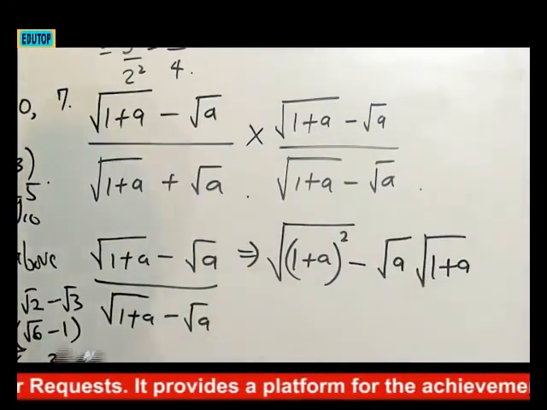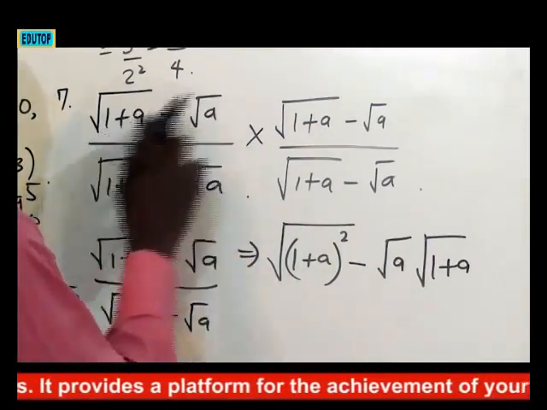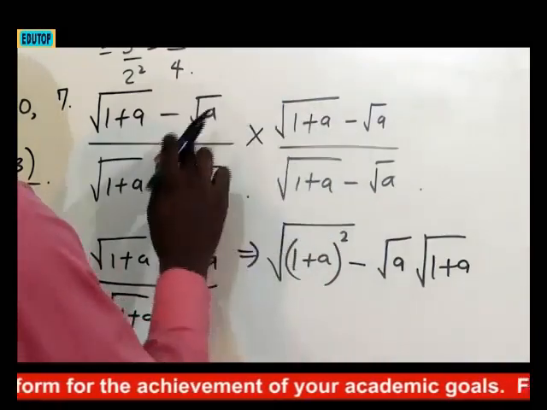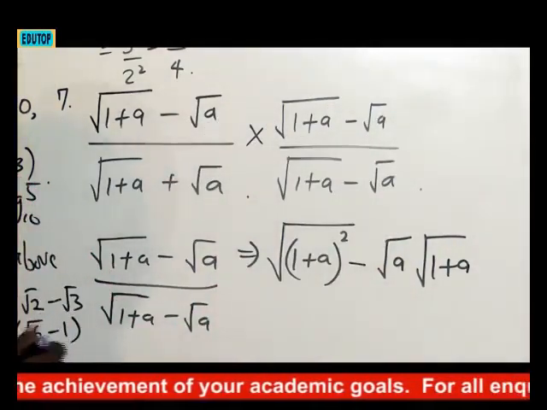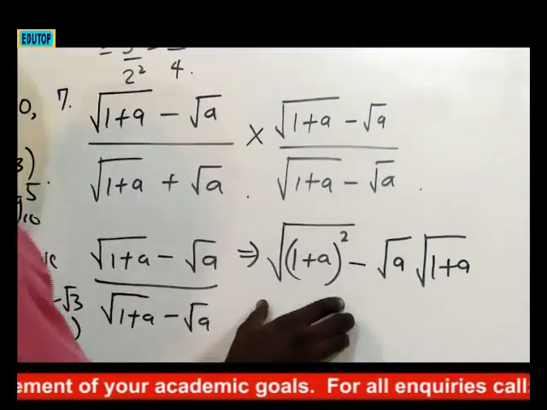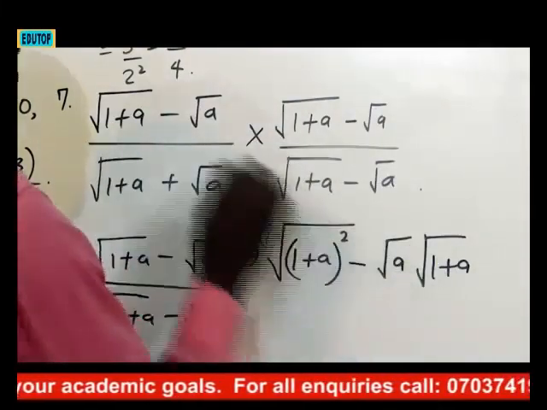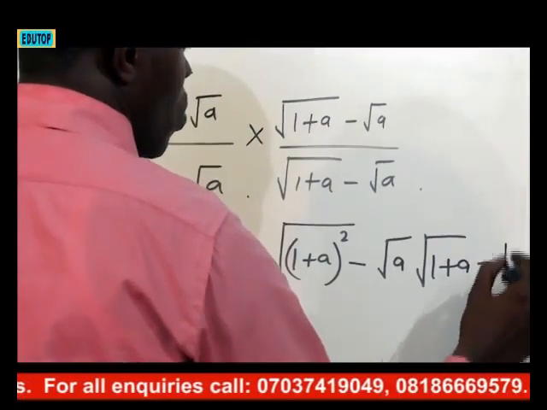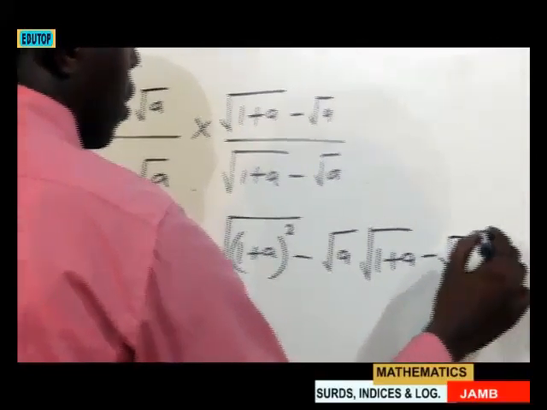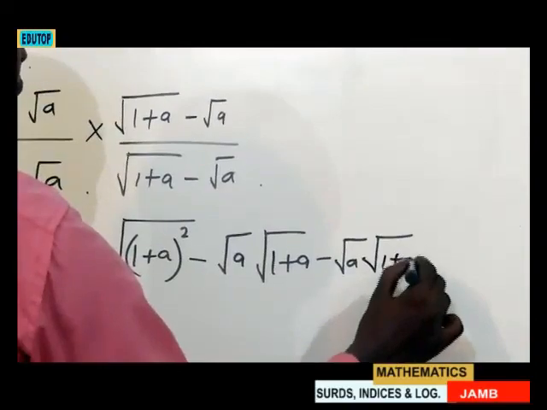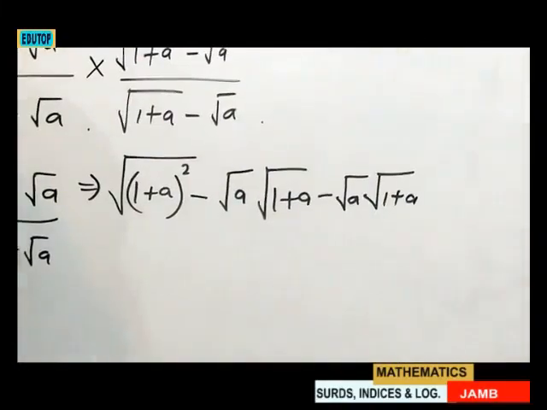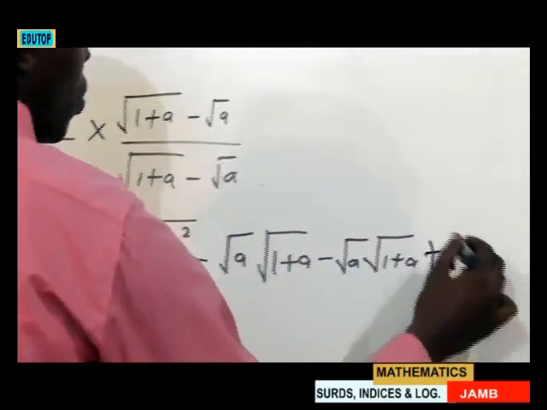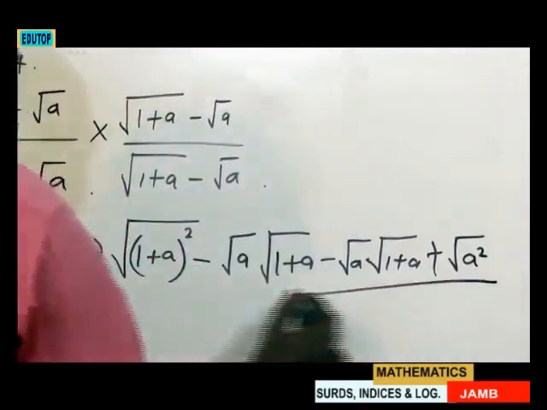Use this to multiply this, and this to multiply this. So this times this, I have this. This times this, I have minus again root a root 1 plus a. Then I have minus root a times minus root a, plus root a squared.